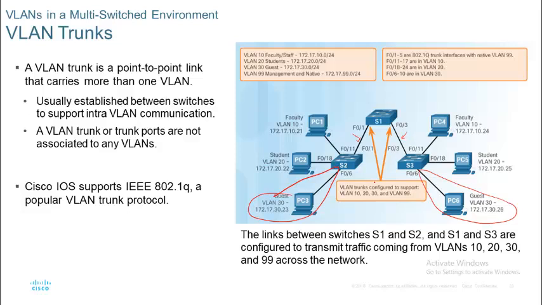By default, this link will be a member of VLAN 1. By default, VLAN 30 traffic will not go out on this link.